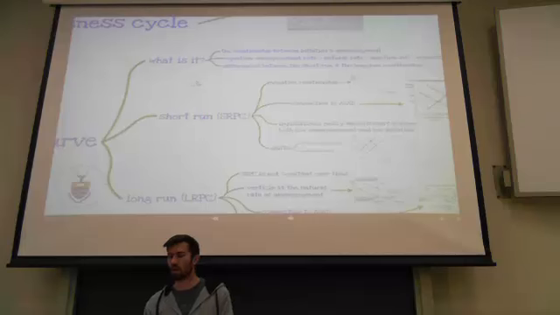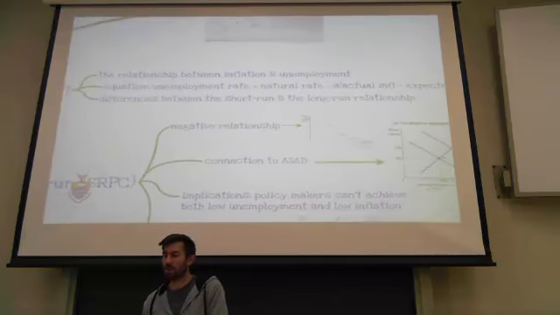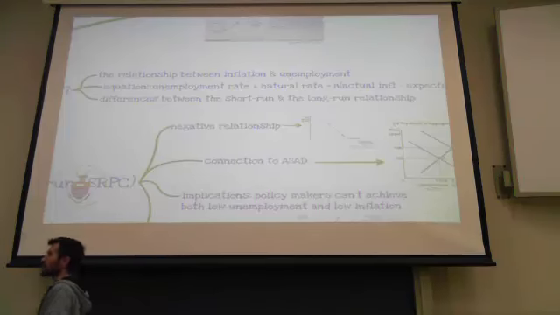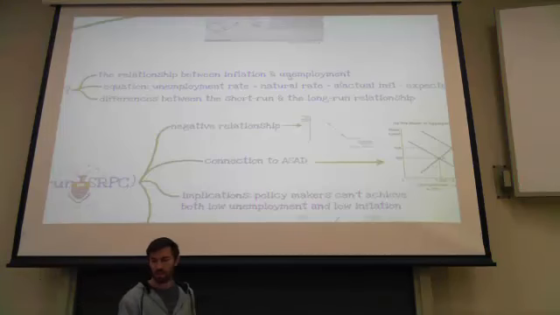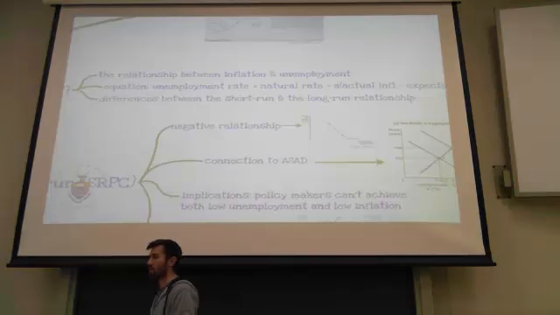Okay, so the Phillips curve, what is it? The Phillips curve is the relationship between inflation and unemployment. Remember, the ASAD model is the relationship between prices and output. Changes in prices is inflation, and we know that output is directly linked to employment.